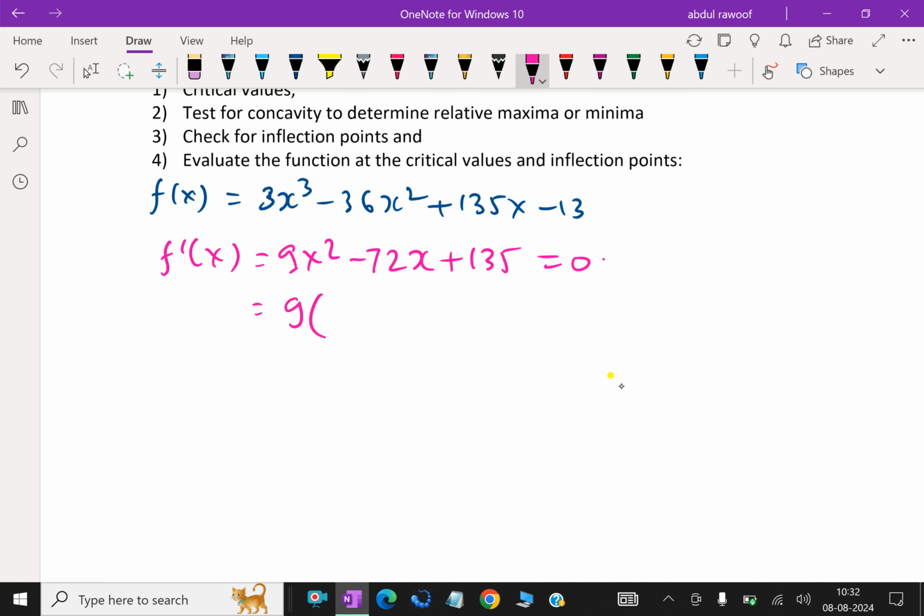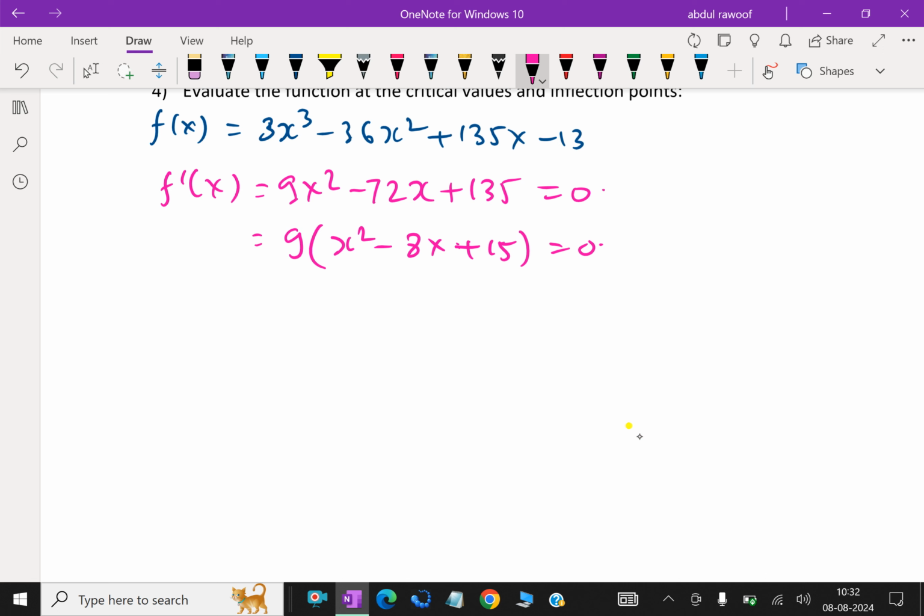Take 9 as a common factor: x square minus 8x plus 15, because 9 into 15 is 135.